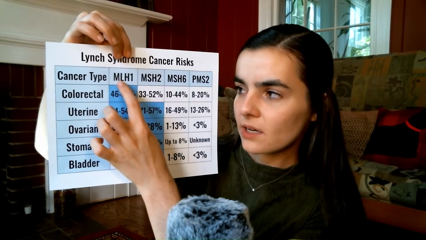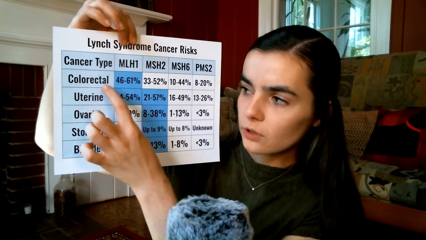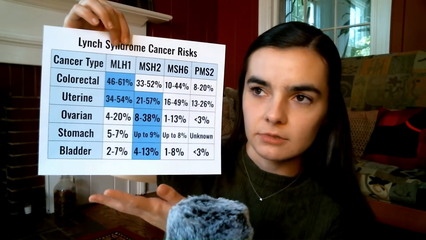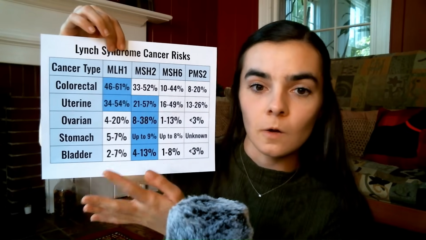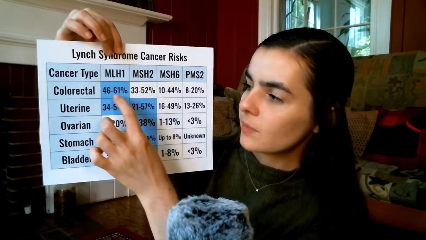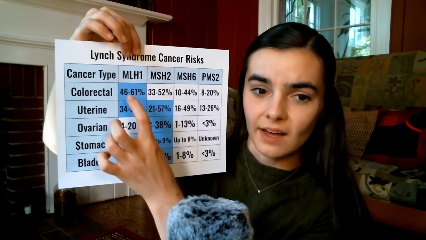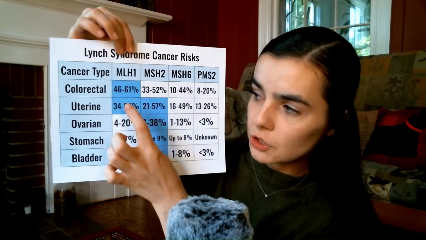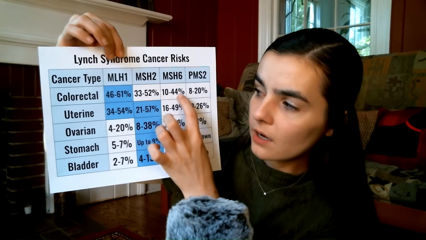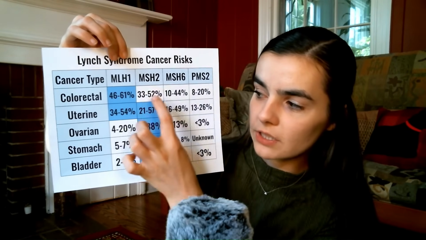So the first one is the colorectal cancer risk. That's really the biggest risk, colon cancer. It is highest with MLH1, in that 50% range, and then it goes down with each of these genes.